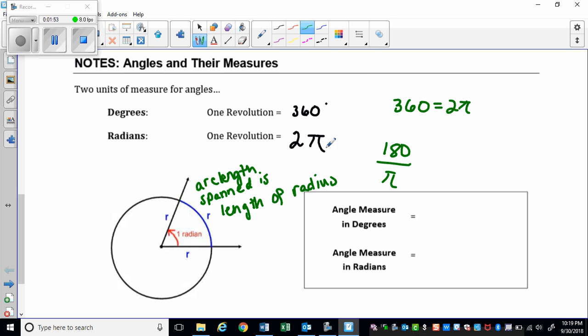Okay. And 180 divided by pi, or 360 divided by 2 pi, is 1 radian. These are equal. Angle measures in degrees. If we're given angles in radians and we're trying to get it into degrees, then we have the angle in radians.